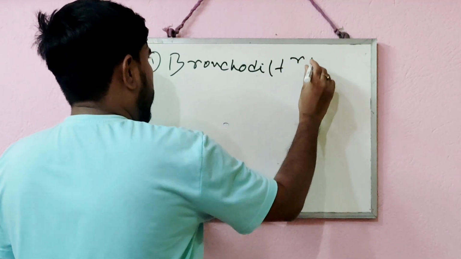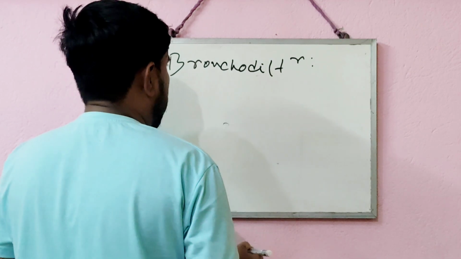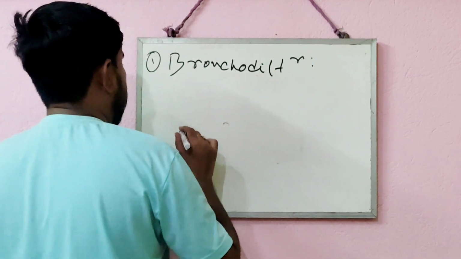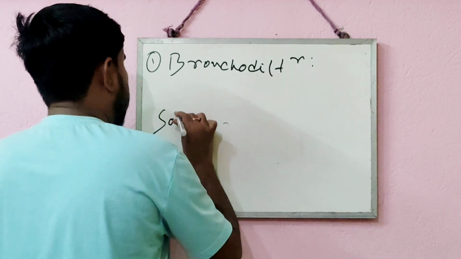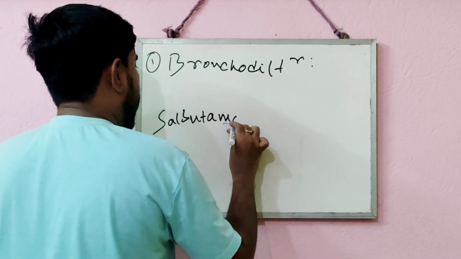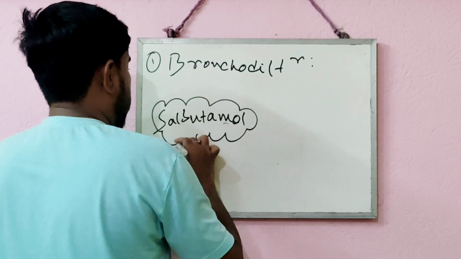And for bronchodilators we have studied different examples, that was salbutamol, terbutaline, etc. Today in this slide, I am going to explain salbutamol and terbutaline, which has the same type of mechanism of action as salbutamol.